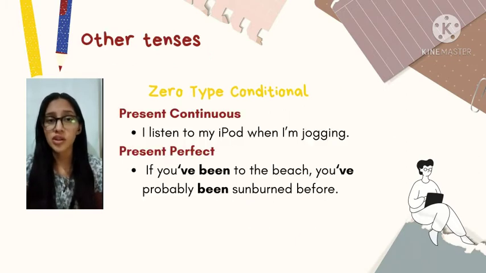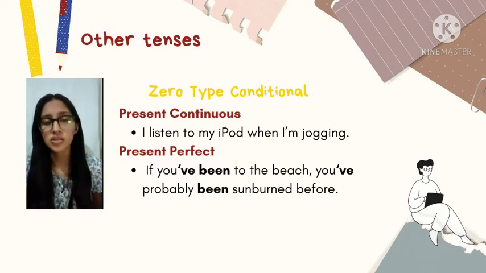In the first example, we are talking about a routine. That's a function of the zero type conditional. And in the second example, we're talking about a general truth, also a function of the zero type conditional. So you see, we can use other present tenses in the zero type conditional.